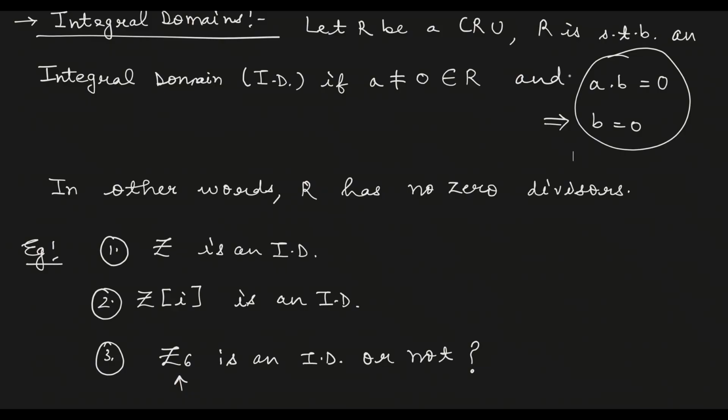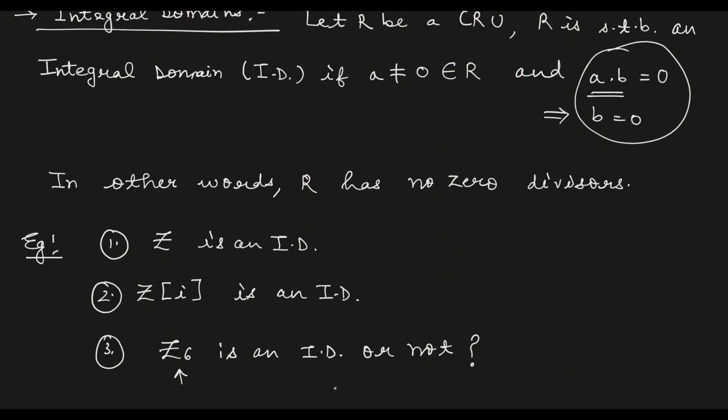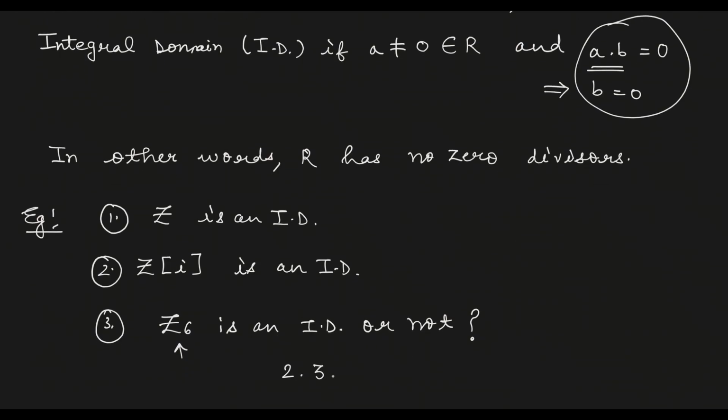This will not be an integral domain. Reason: if we take 2 and 3, then a into b, 2 into 3, gives 6, which is 0 in Z6. But 2 and 3 are not 0, so 2 and 3 are zero divisors.